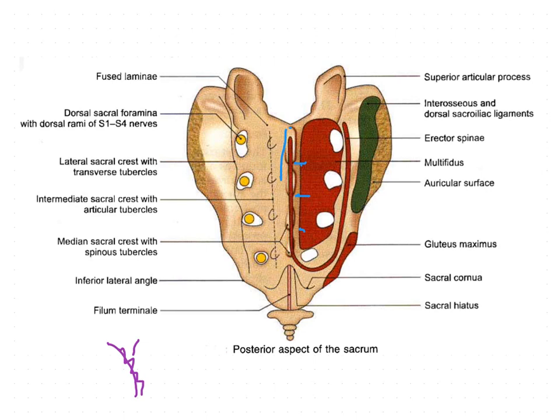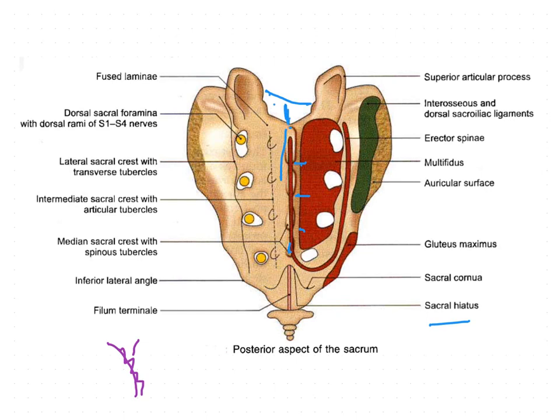And coming to the sacral hiatus, this one is the sacral hiatus. This sacral hiatus is an inverted U-shaped gap which is present below the 4th spinous tubercle. So this is the 4th spinous tubercle. The hiatus is present below the 4th spinous tubercle in the posterior wall of the sacral canal. Here you can see this forms the sacral canal.